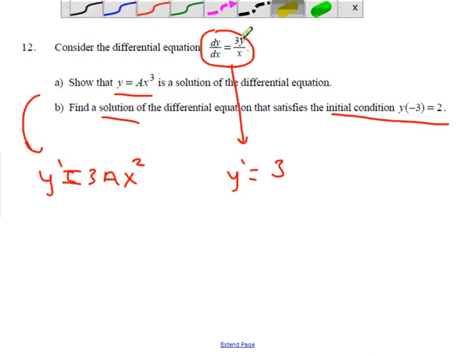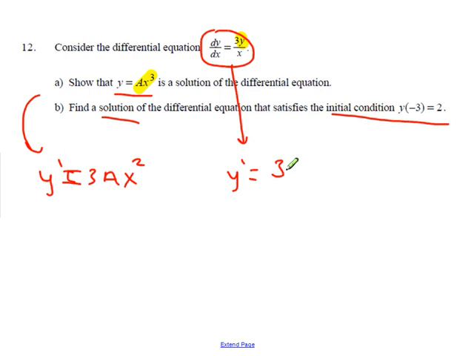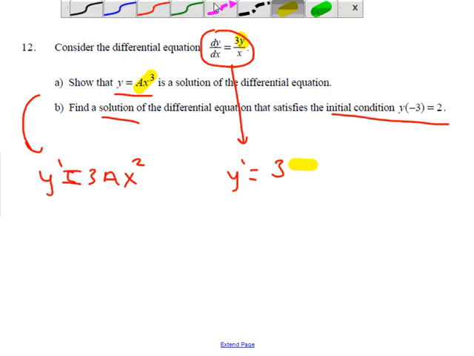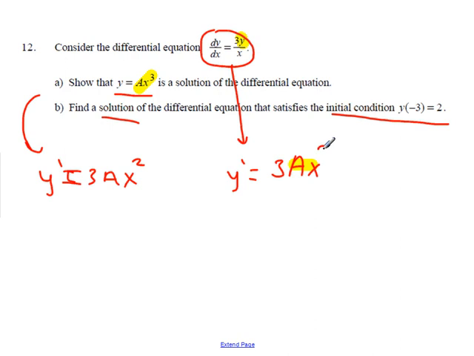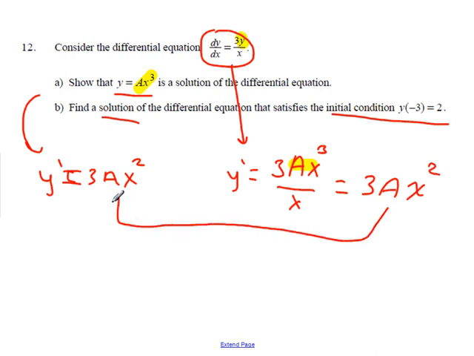Well, y is ax cubed, so 3 times ax cubed over x equals 3a x squared. The same thing I had over here.